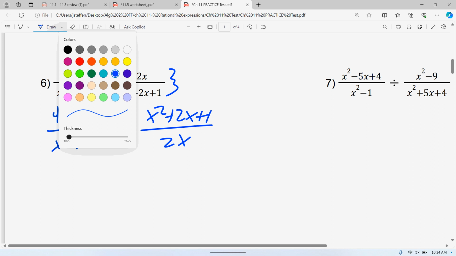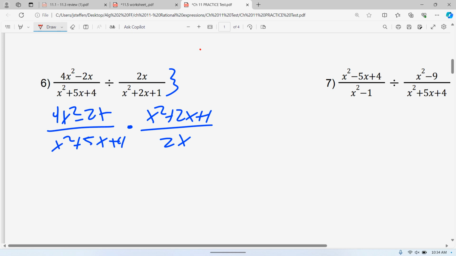Now, once it's multiplied, I'm going to do what I did in the other problems. Now I'm going to start factoring. So I can take out a 2x from the first numerator. 4 divided by 2 is 2, 2x, I took 1 out, so I have 1 left. 2 divided by 2 is 1, x I took out, so I have 1 left.